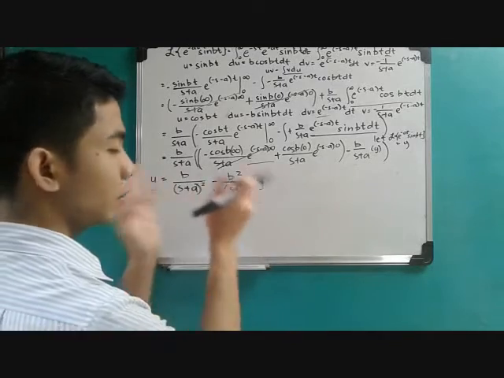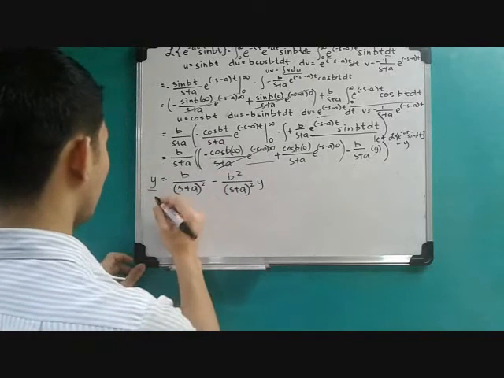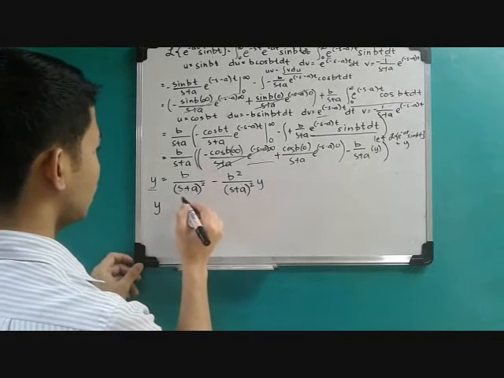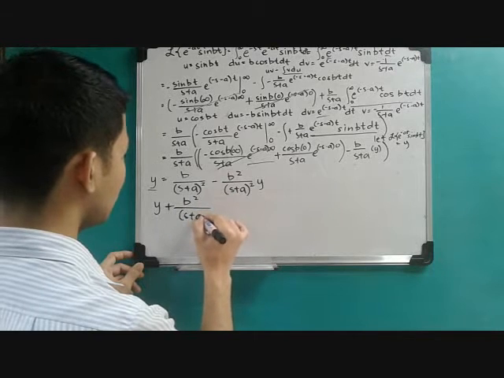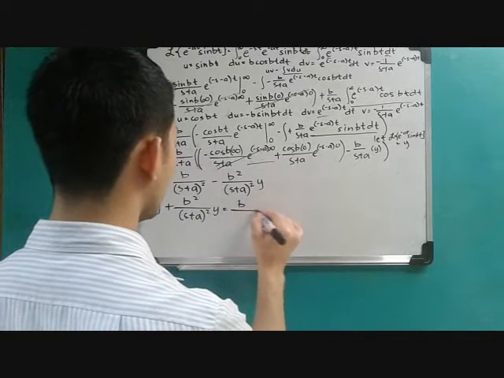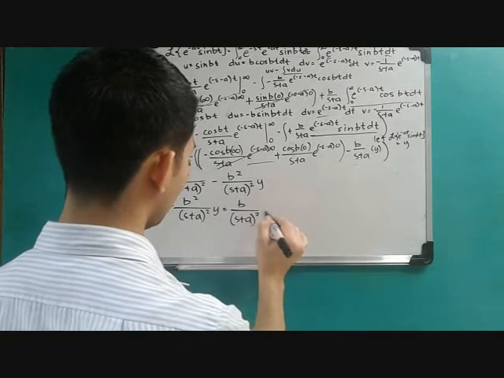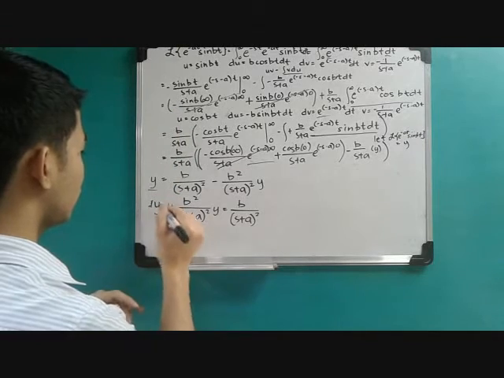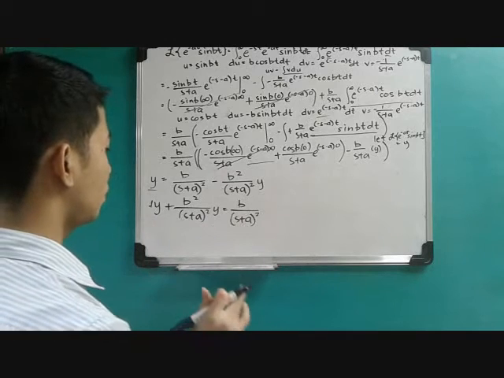And then putting this number into the left, transposing, this will become positive. So y plus b squared over quantity s plus a squared y is equal to b over quantity s plus a raised to 2. And then there's a 1 here, so you can add this because it has the same variable.